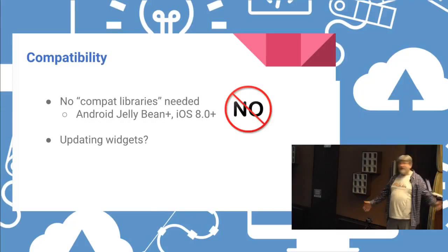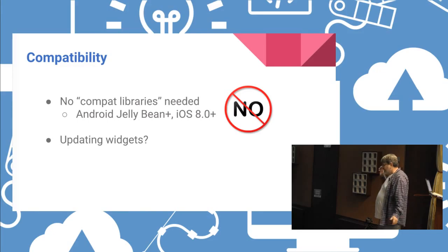All right, so compatibility. How many people have used compatibility libraries in Android? Right. How many people enjoyed the experience? Okay, nobody. Well, you can say goodbye to compatibility libraries. Because all the widgets are in your application, that means when somebody runs your application, even on an older phone, it doesn't matter. We don't care what the widgets are in the phone.